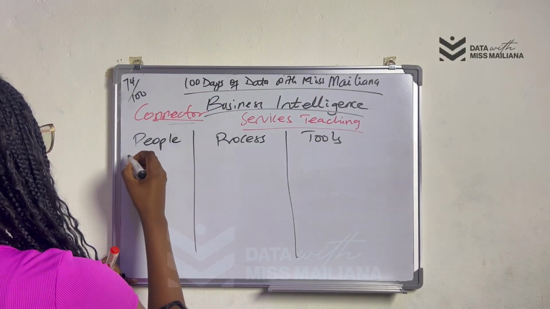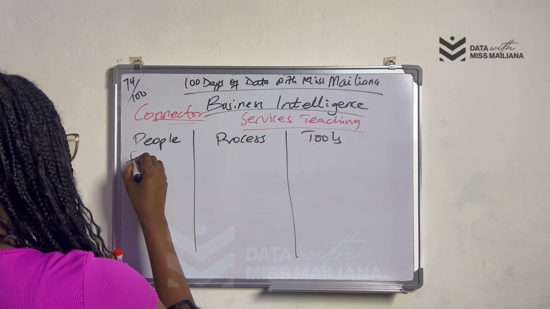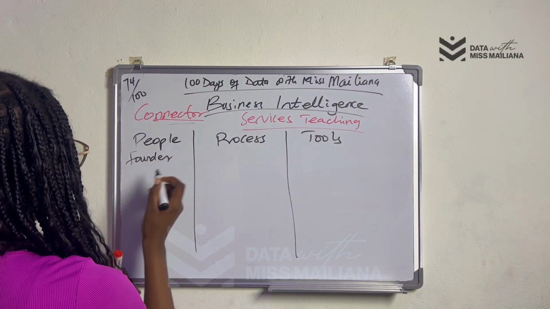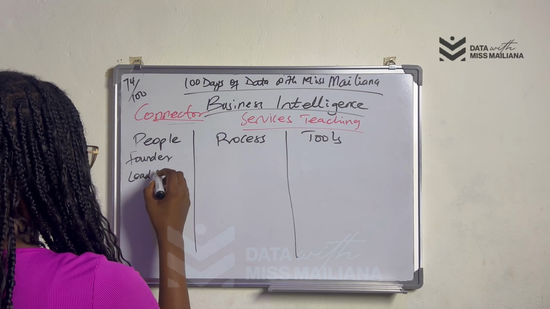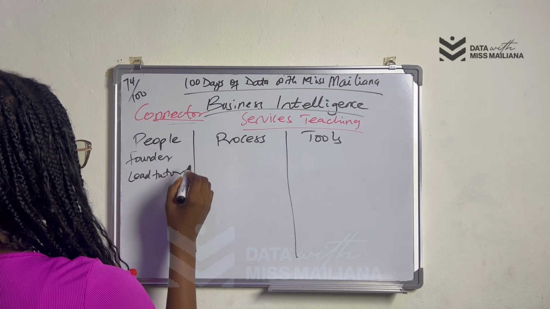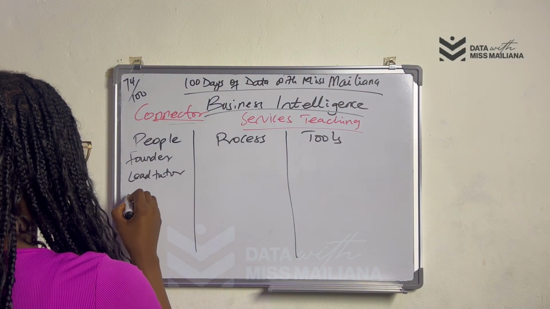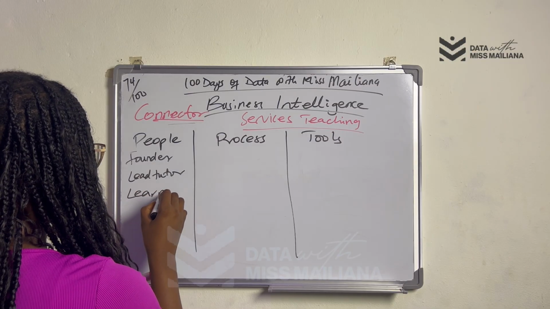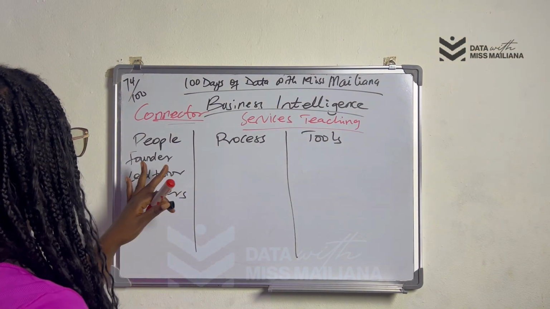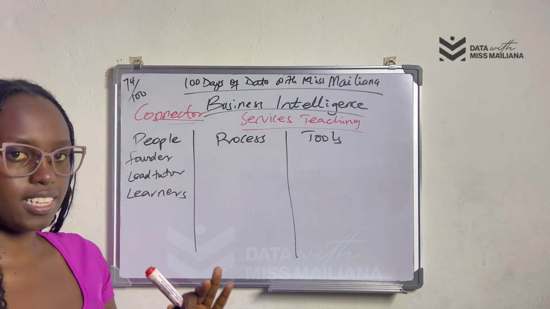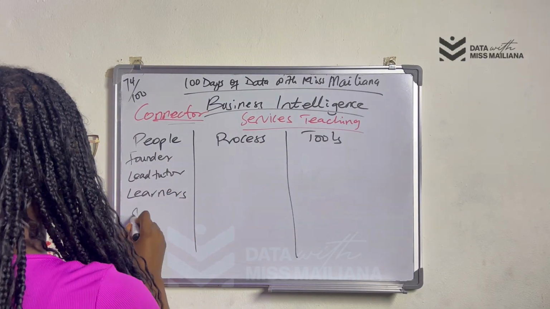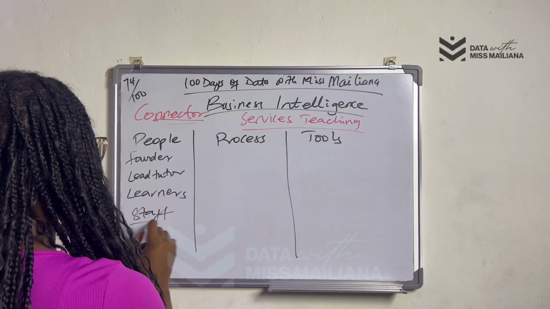But then, let's say the founder. So lead instructor, lead tutors, just for space. Learners, right? So these are my major stakeholders. In fact, there's supposed to be staff, but that's a now, right? Maybe let me just add staff here, right?